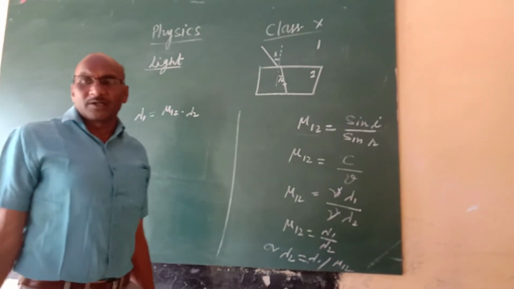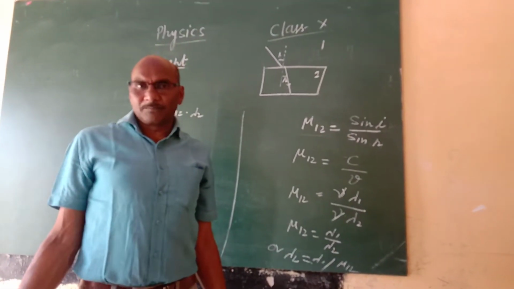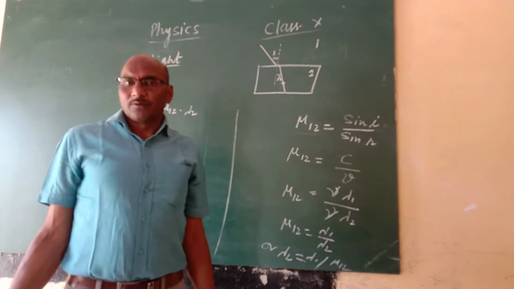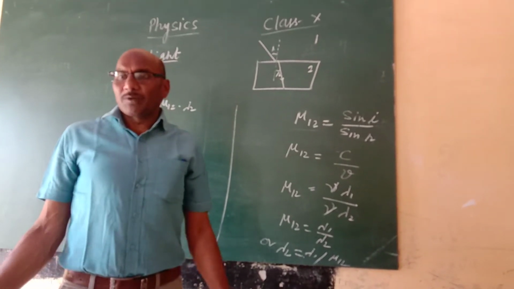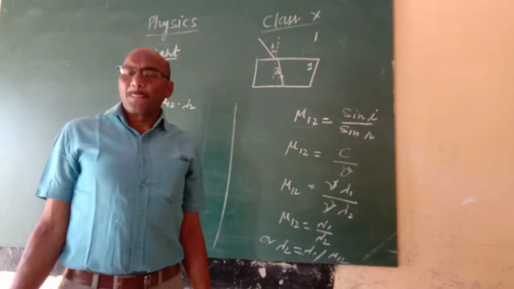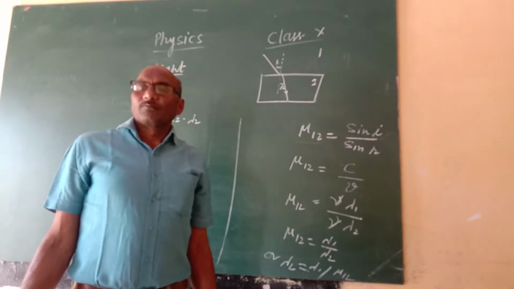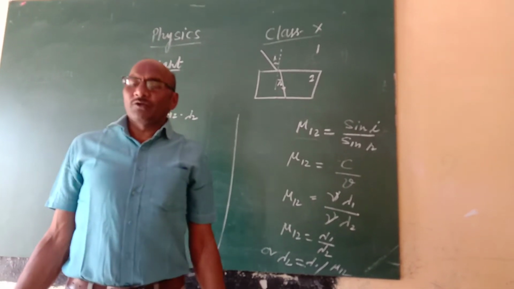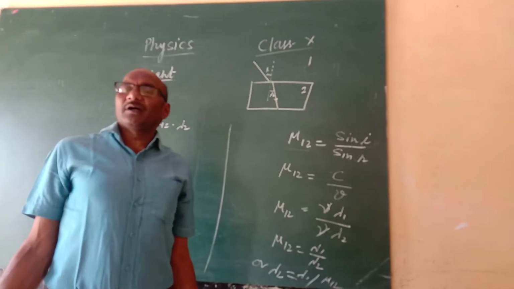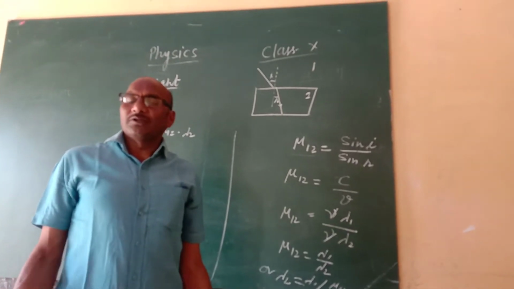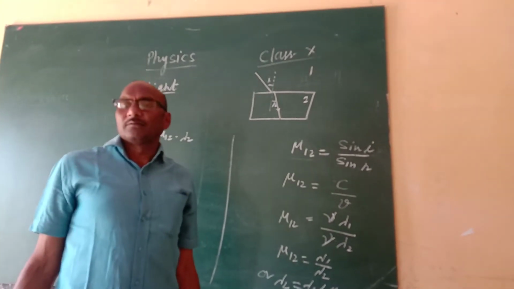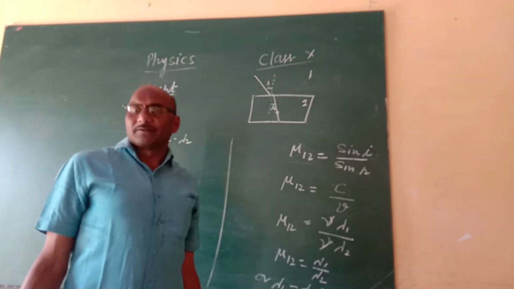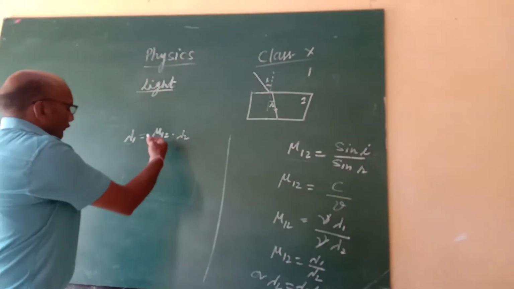Generally, this question is asked for 3 to 4 marks. What are the factors on which the refractive index of one medium depends? Sometimes the examiner asks for the names of the factors only. Sometimes he asks how the factors affect the wavelength or the refractive index.